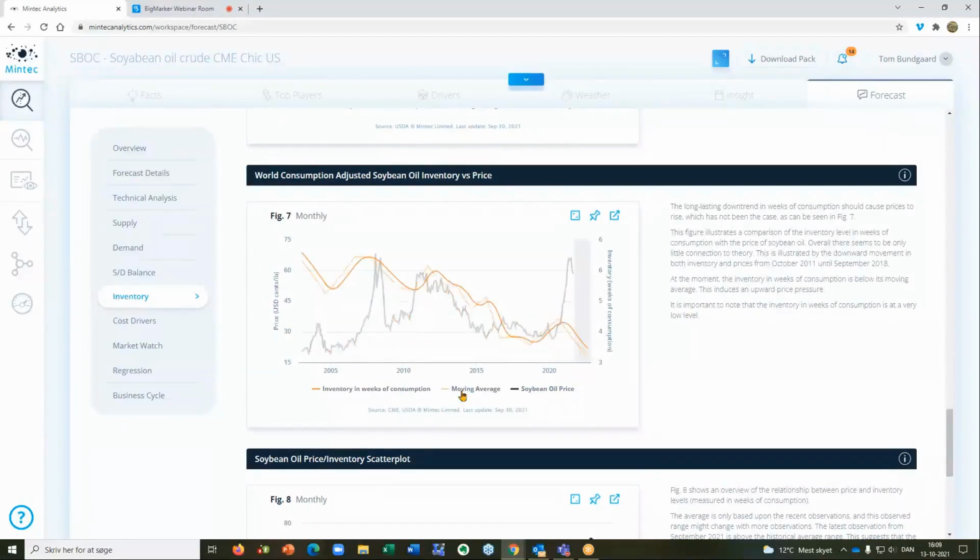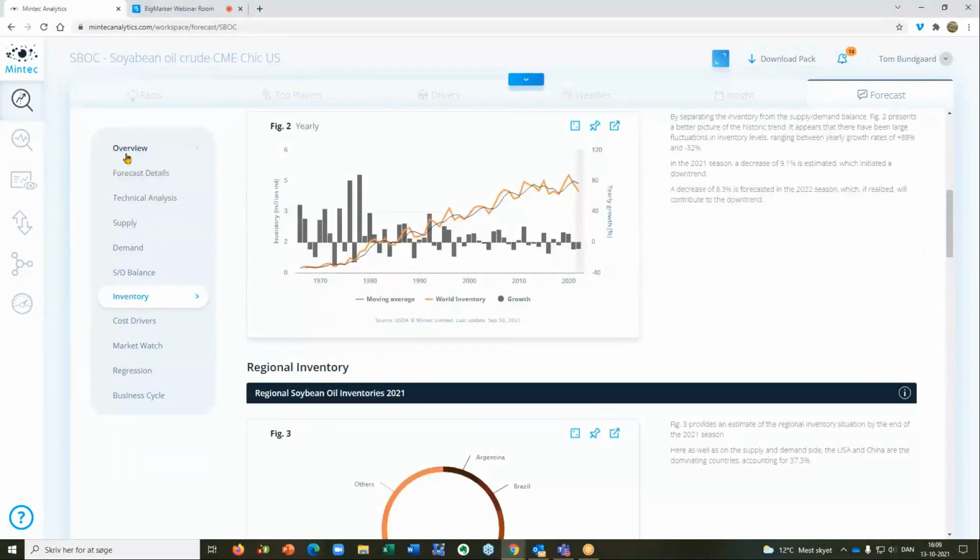But the basic view is inventories here are dropping. And when inventories are dropping, that's a bad case. That means prices need to go up. So there's an upward pressure on price because inventories are dropping. And not only are they dropping, they are almost historically low right now. So that means there's a very good reason why soybean oil prices are so high.